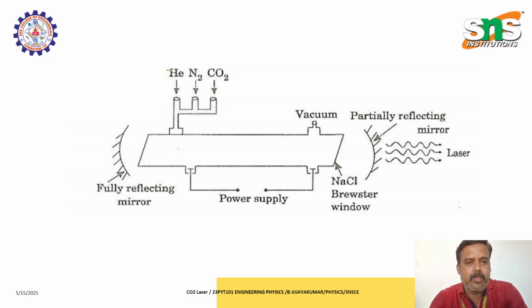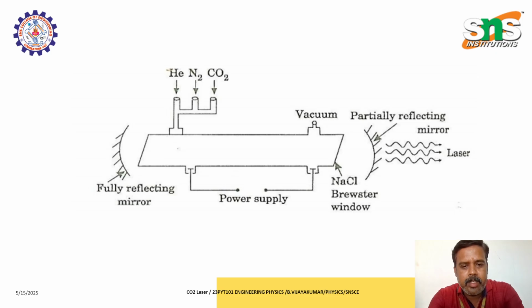Starting from the left side, the mixture of gases is filled in the quartz tube. It is a very lengthy tube, about 1 meter. Initially we create a vacuum inside the quartz tube, and then fill it with the mixture of gases, because carbon contamination forms from these three gases.